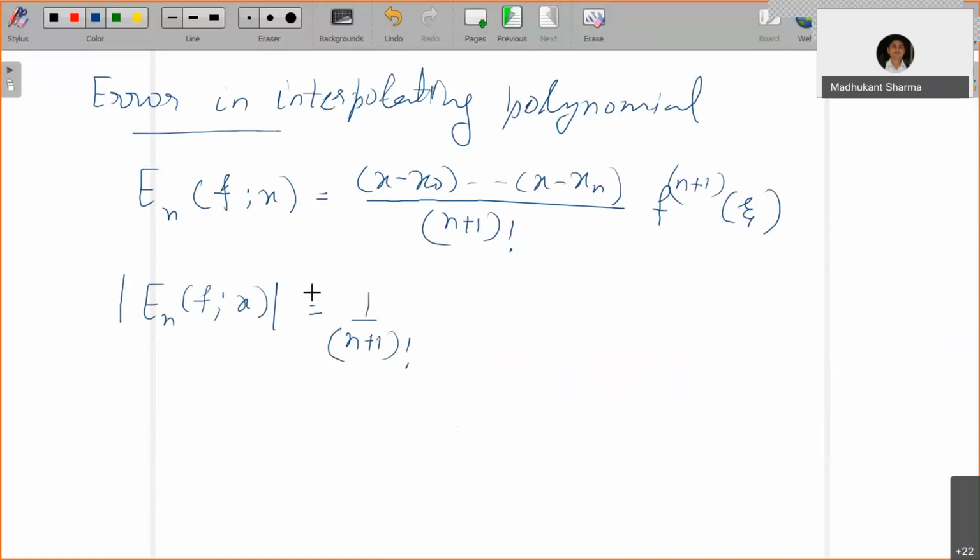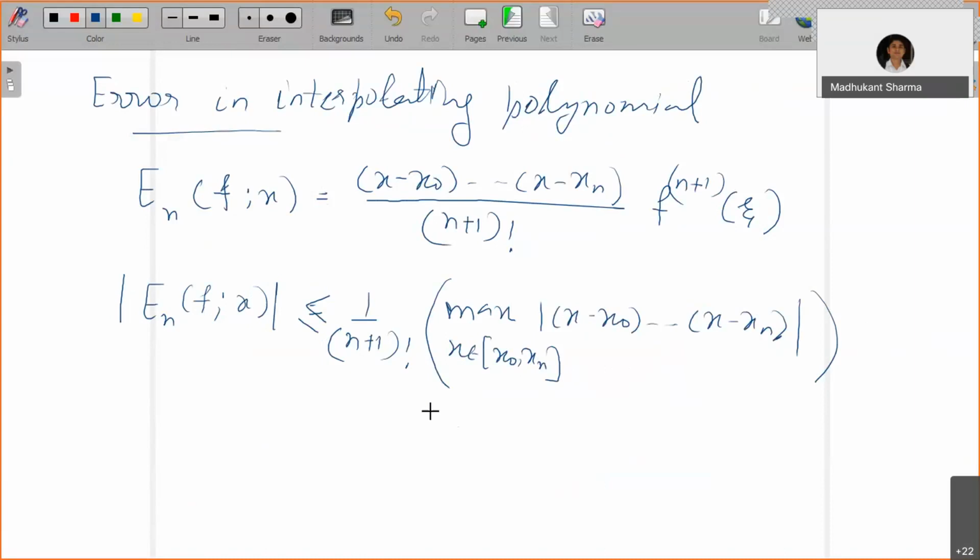We make it less than or equal to the maximum over the product x minus x naught up to x minus xn, where x belongs to x naught to xn, times the maximum over z belonging to x naught to xn, which we define as M n plus 1, as you recall, the maximum value.